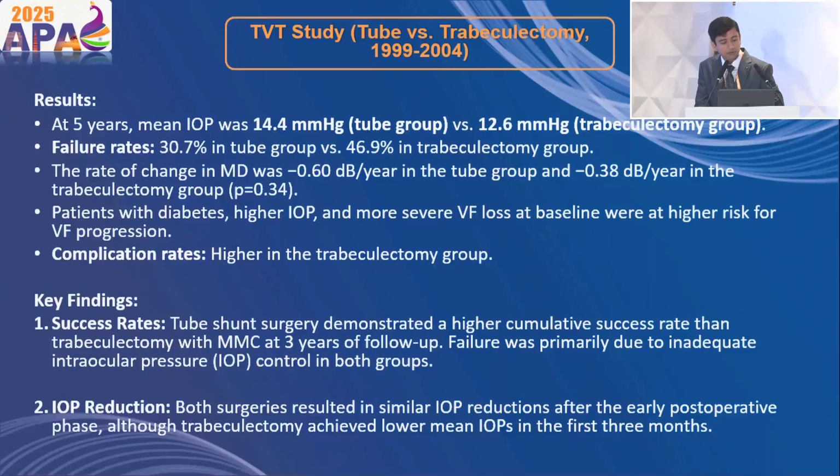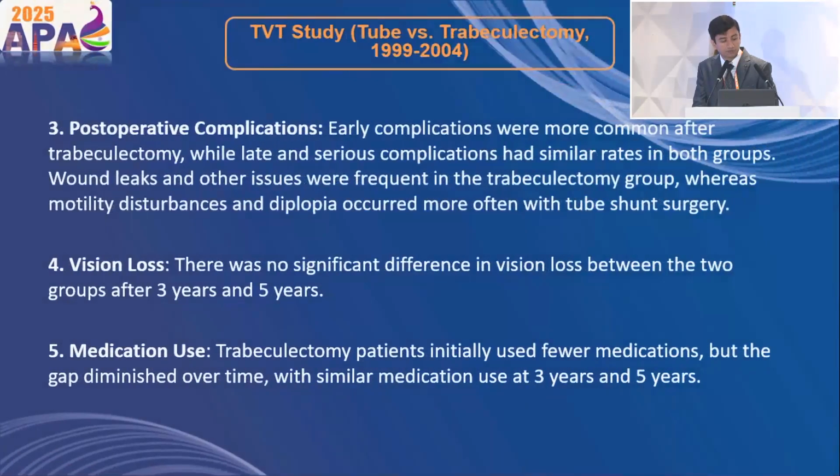So the key findings, I'm not going to go too much into statistics and numbers, just going to highlight the key findings. Success rates, they told that the tube had higher cumulative success rates at 3 years and 5 years, and IOP reduction was also similar in both the groups. In the early postoperative phase, that is the first year, the trab group had better IOP control than the tube group.